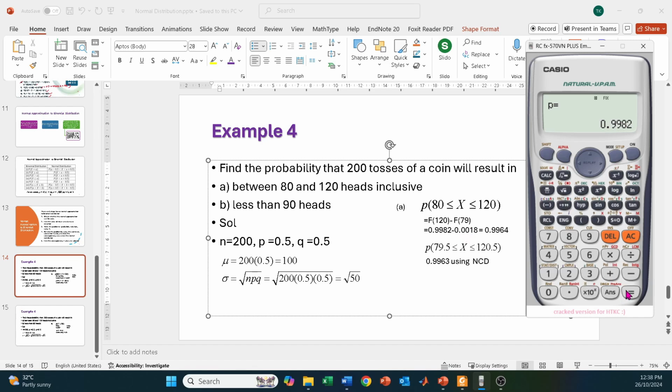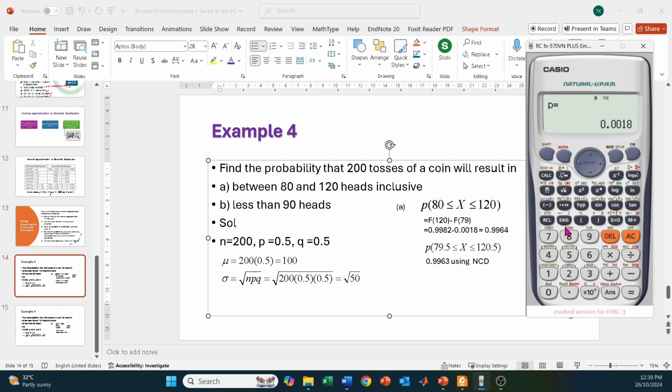So again I go back here. Now x is 79, n is 200, p is 0.5, so I get 0.0018. It can only keep the answer on the ES Plus.